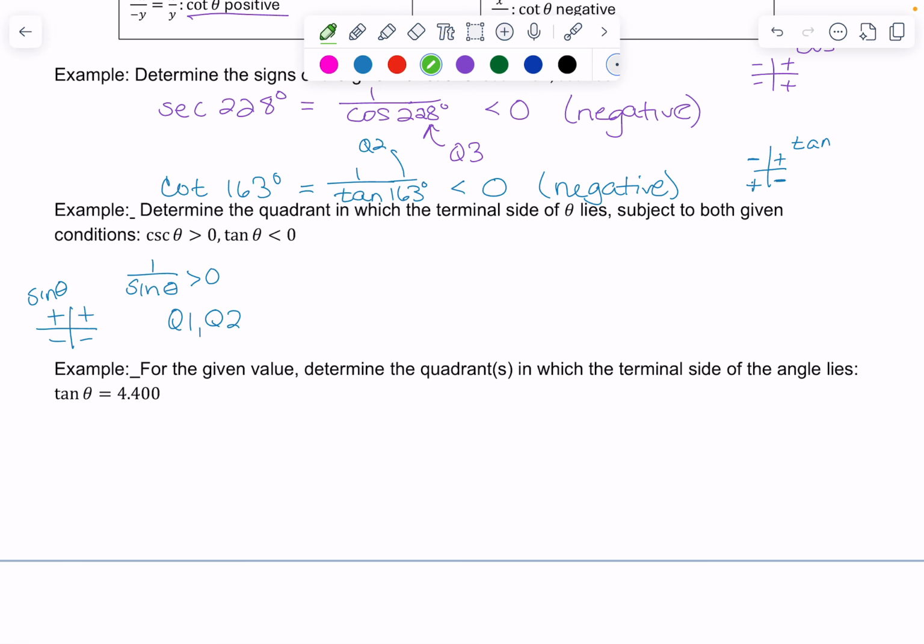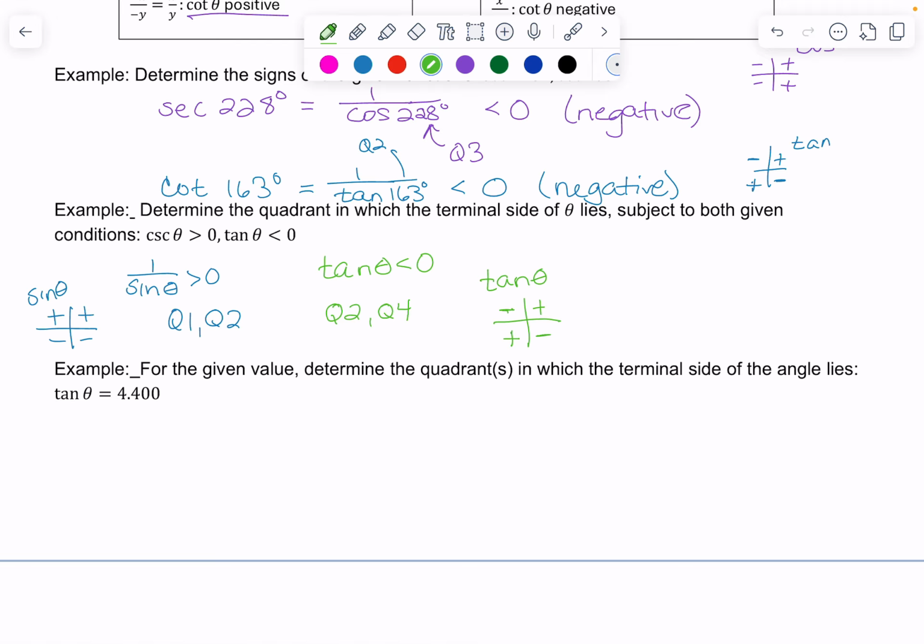If I take a look at my tangent theta is less than 0, right? So let's look at the tangent sign chart. All students take, down here we're positive for tangent, calculus, so we're negative here and here. So I'm negative, which is what I want, in Q2 or Q4.